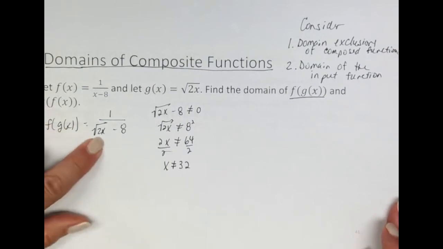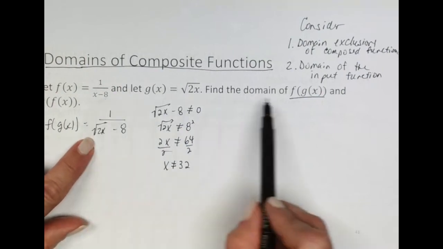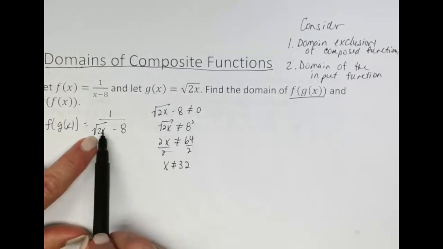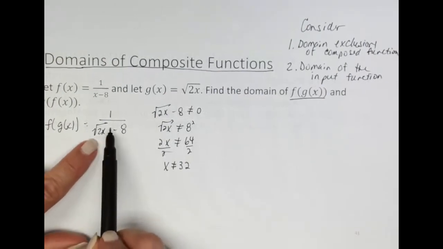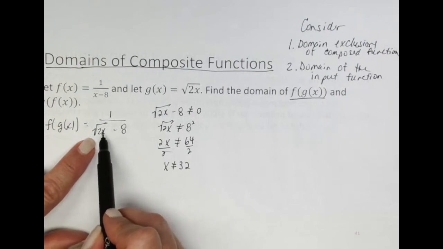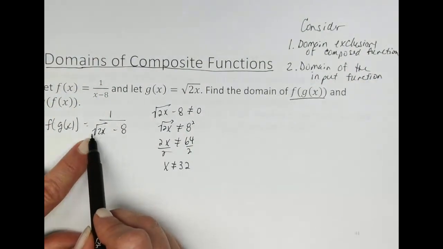So that's the composite function, but I've also got to address something else here. Look at my inside function, g of x, the square root of 2x. If this radicand, 2x, was negative, could that be in the domain? No, we cannot have negative radicands of even roots.